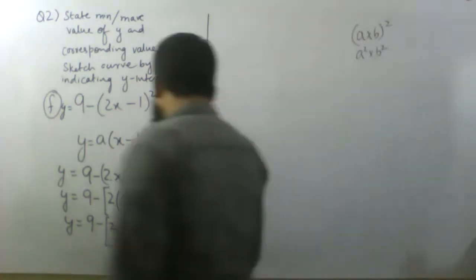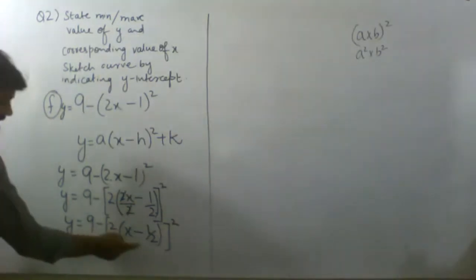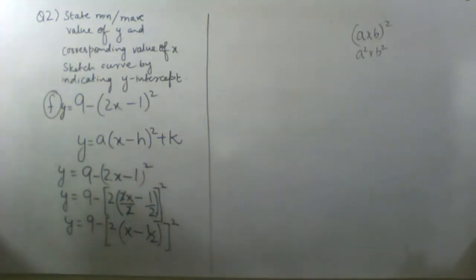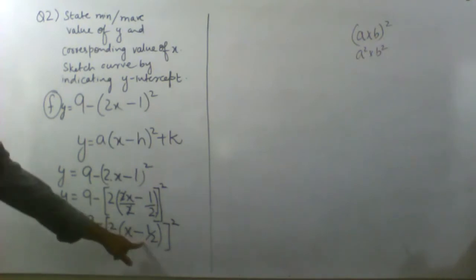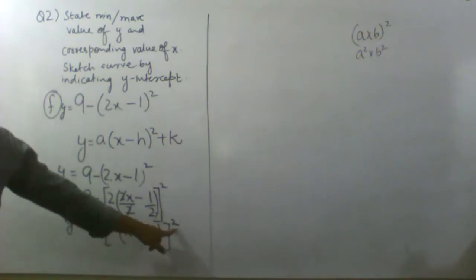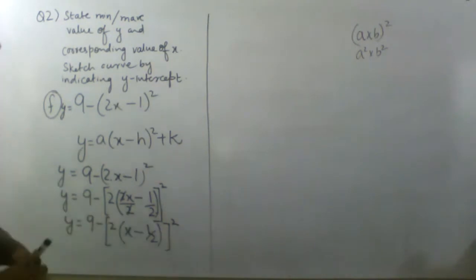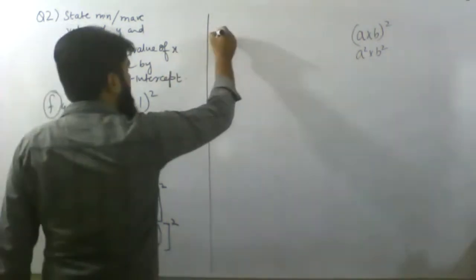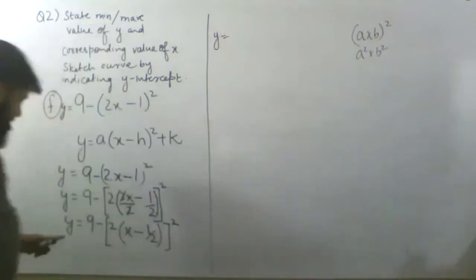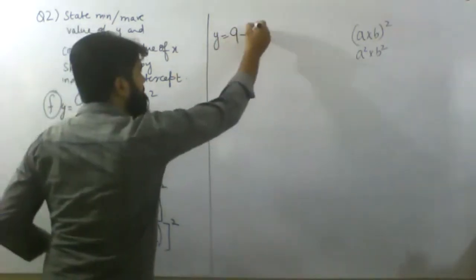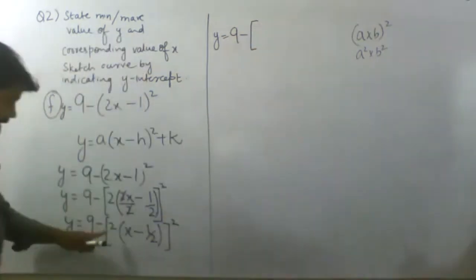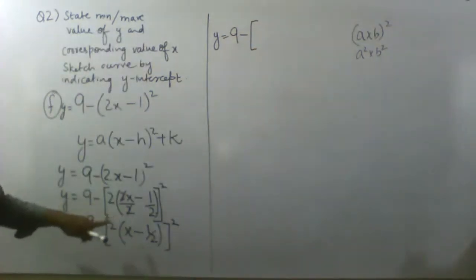In the same way, this 2 is being multiplied by this bracket, and there is a square over here. So what will happen? y equals 9 minus 2 having power 1.